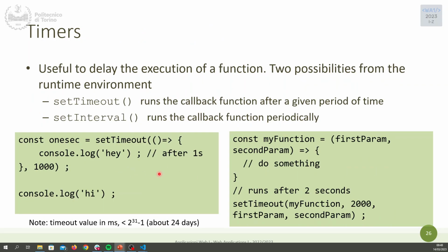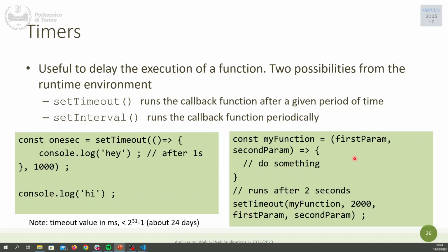Okay, and another useful asynchronous callback to delay with time is also the set interval, which is basically the same callback as set timeout, but it is repeated many times.